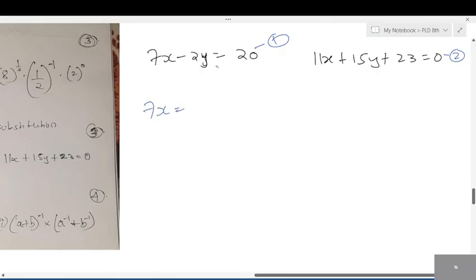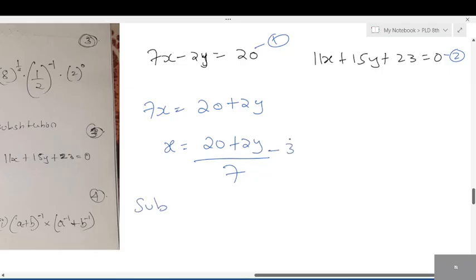7X remains as it is. What happens to 2Y? Other side. Next one. X is equal to... This is the value of X. Where you have to substitute? Write it like this. Substitute. This will be equation 3.